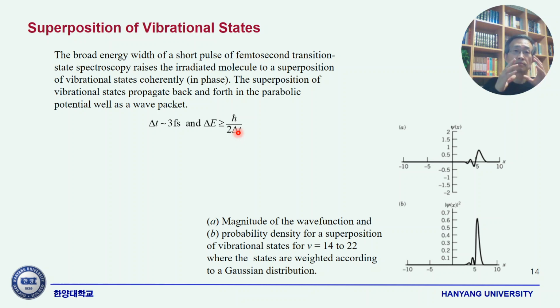So what is observed here is that your sample is hit with this short 3 femtosecond pulse, and the energy observed is distributed because there is an energy uncertainty. And what is observed is that the vibrational energy, while it is hit by the 3 femtosecond laser pulse, is between vibrational quantum number 14 to 22.